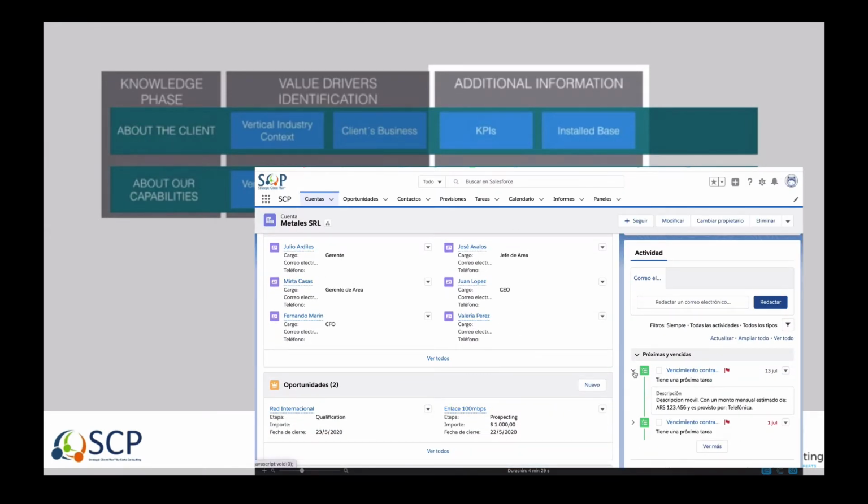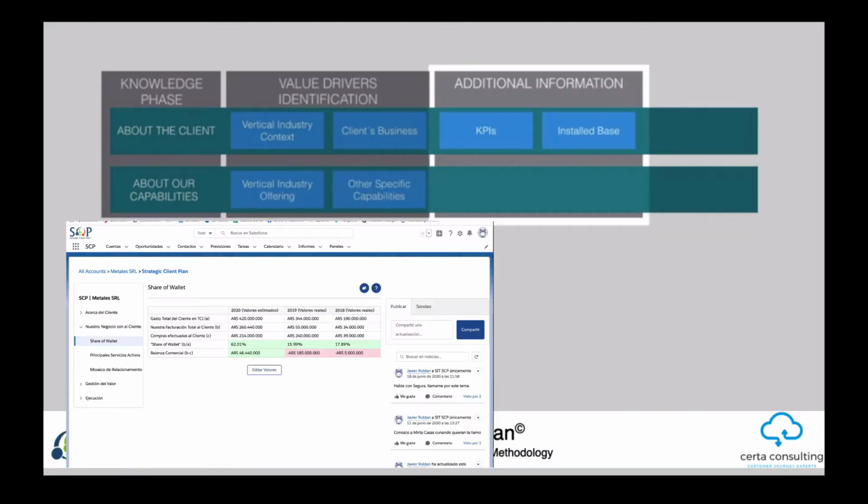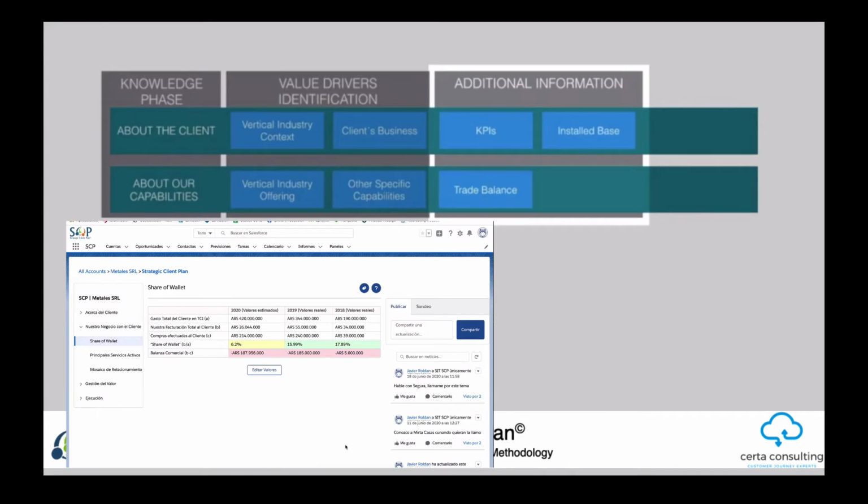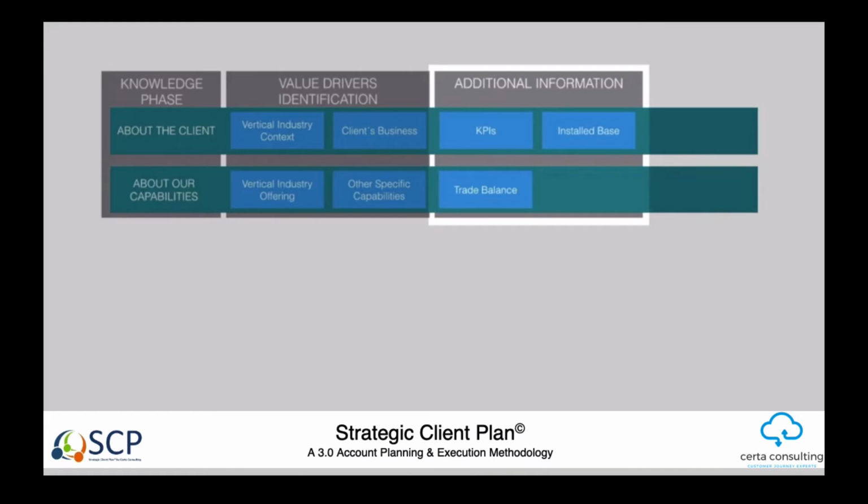Another important piece of knowledge is the trade balance we keep with each particular client. This means a full awareness of how much revenue we obtain from the client and at the same time how much we eventually spend on it. A third interesting financial record is keeping track of our share of wallet to understand our competitive situation.